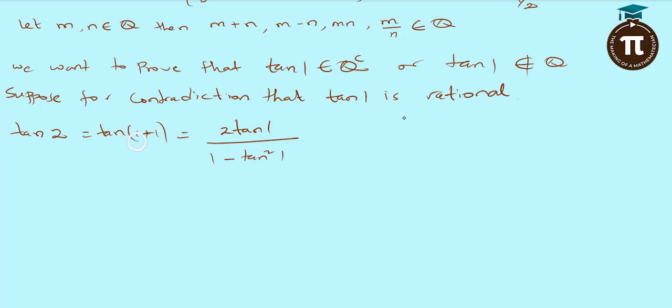I just use the addition formula for tan(a plus b), that will be tan a plus tan b all over 1 minus tan a tan b. So tan2 will also be rational because 2 multiplied by any rational number is rational. Divided by, so tan1 we have assumed that tan1 is rational.